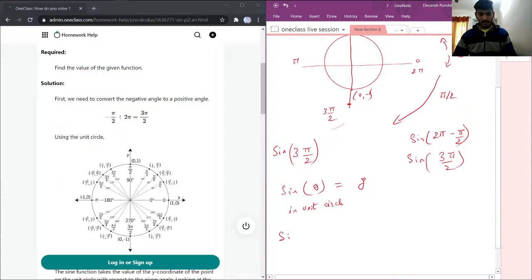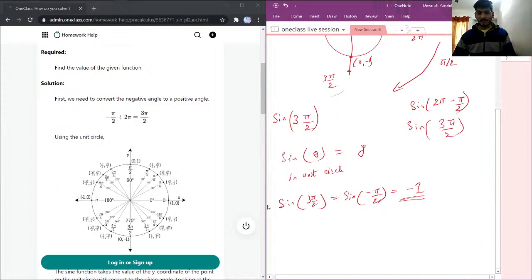So sine of 3 pi over 2, or sine negative of pi over 2, is the y coordinate of this point, and the y coordinate of this point is negative 1. Hence we got the solution: sine of 3 pi over 2, or sine of negative pi over 2, is negative 1.